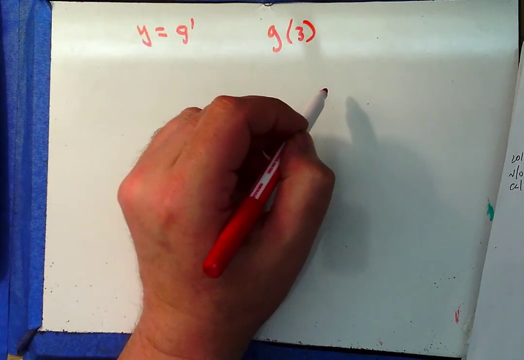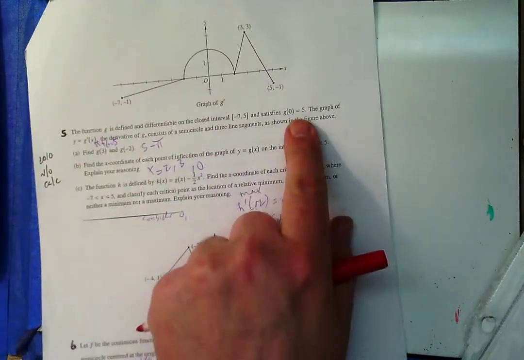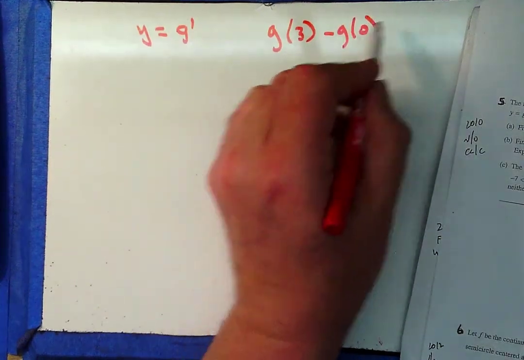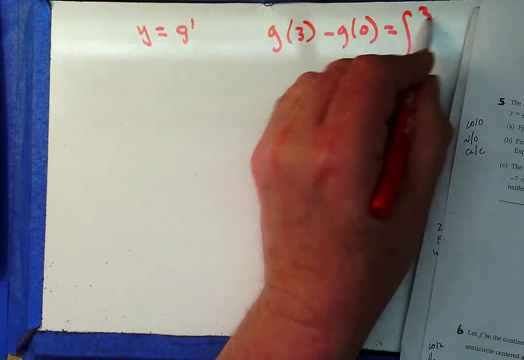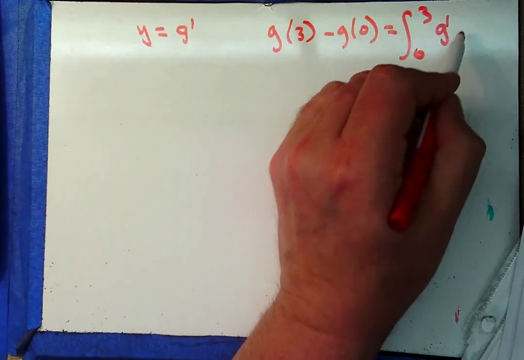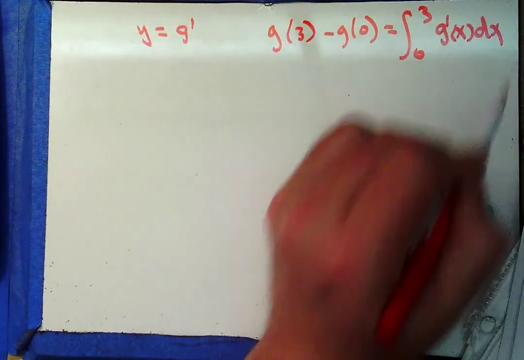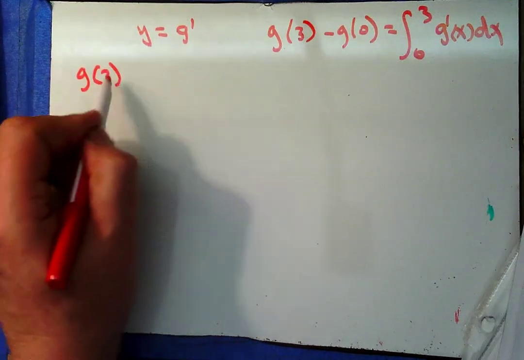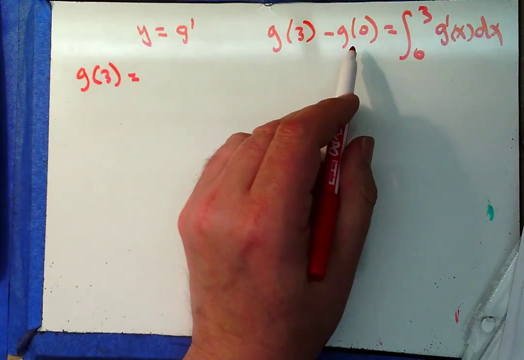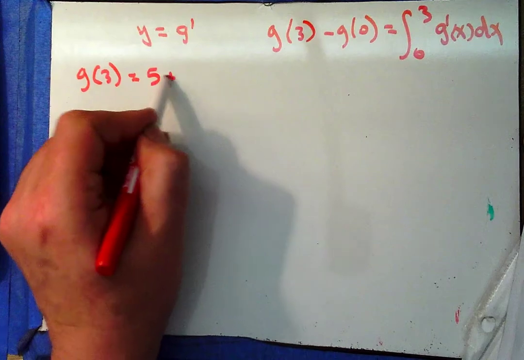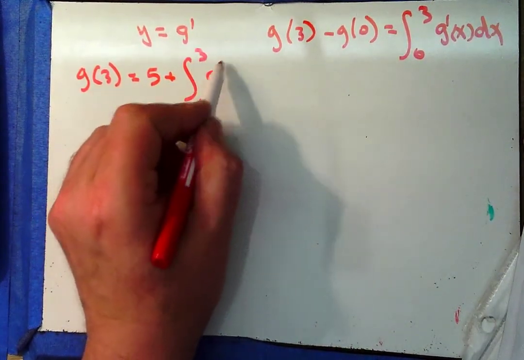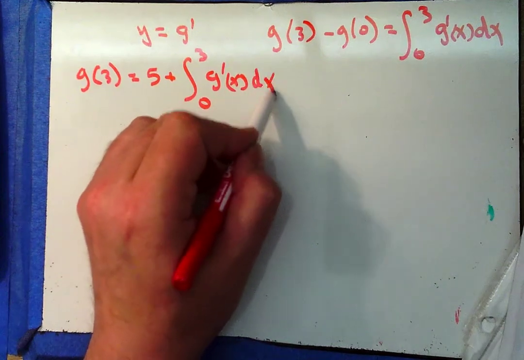Well, I notice here in the stem of the problem they give me g of 0. So I think that g of 3 minus g of 0 equals the integral from 0 to 3 of g prime dx. So if I'm looking for g of 3, that's going to be g of 0, which is 5, added on to the value of this integral from 0 to 3 of g prime dx.